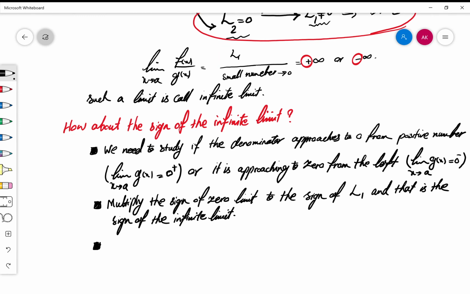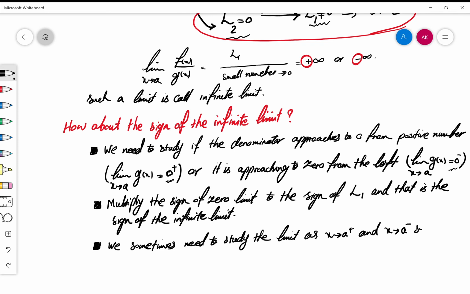There is one important point, that sometimes to be able to figure out what kind of 0 the denominator has, we need to study the right and left limit of function as x goes to a. We sometimes, most of the times actually, need to study the limit as x goes to a plus and x goes to a minus separately.